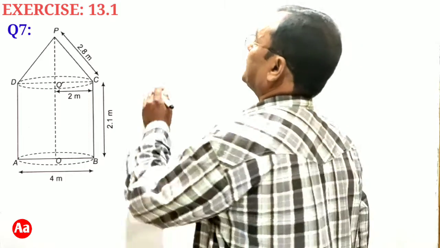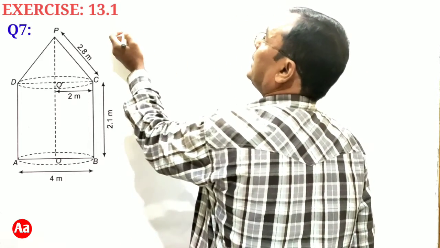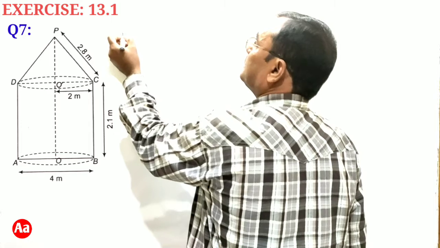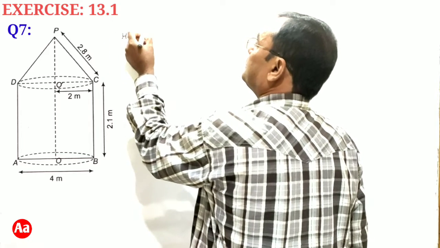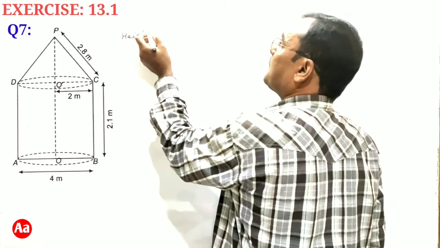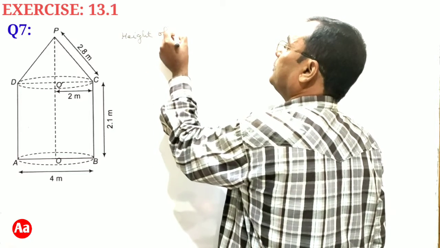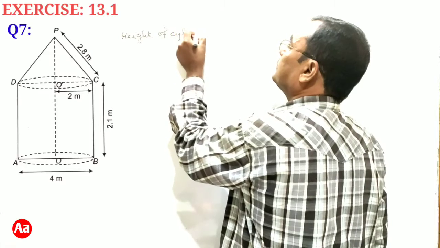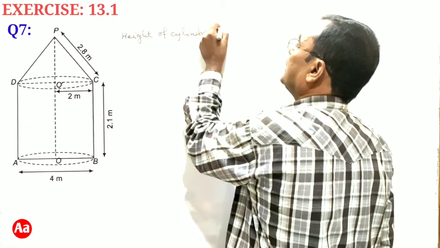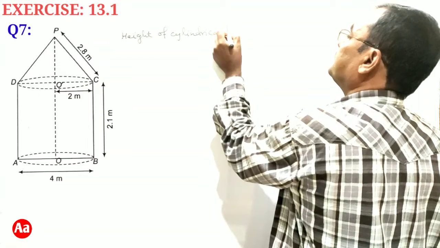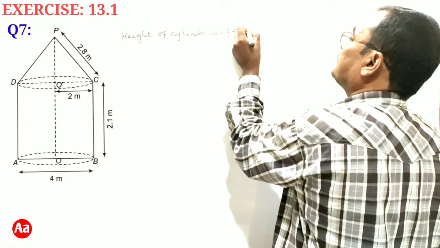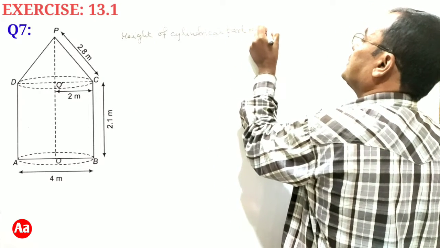So let us write height of the cylindrical part. Height of the cylindrical part of the tent is 2.1 meter.